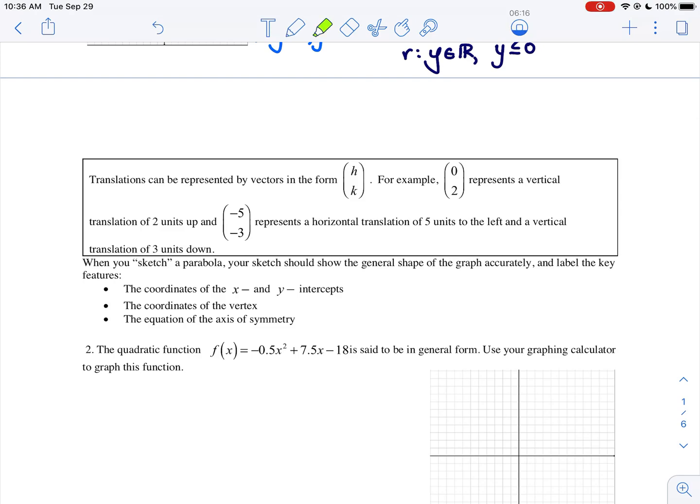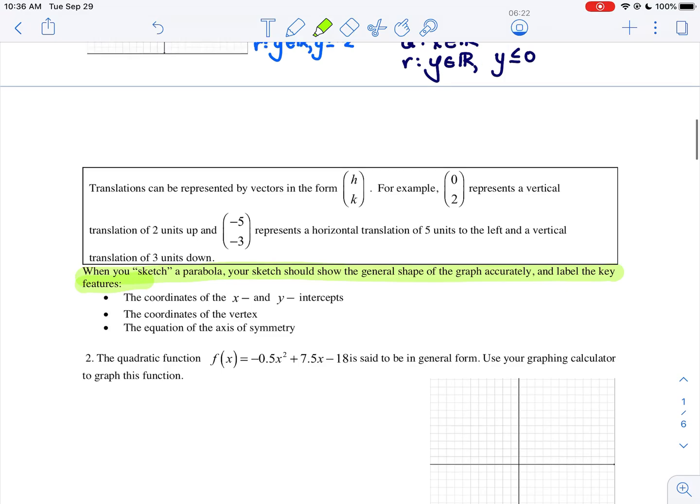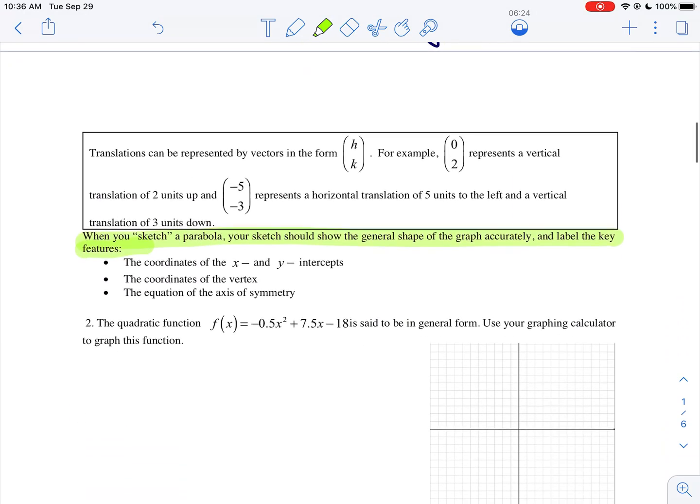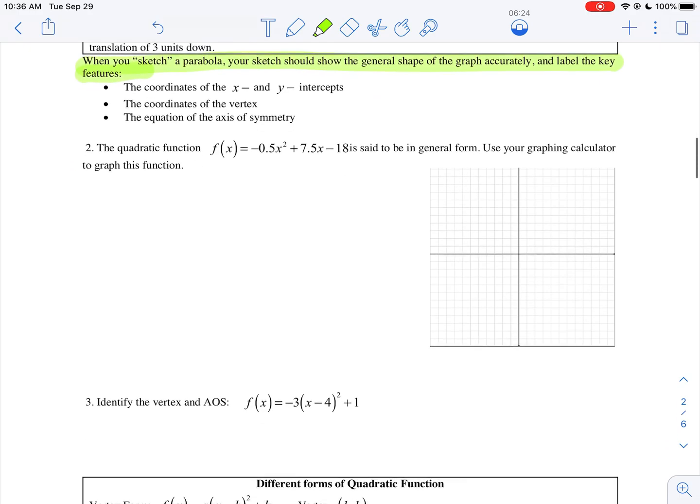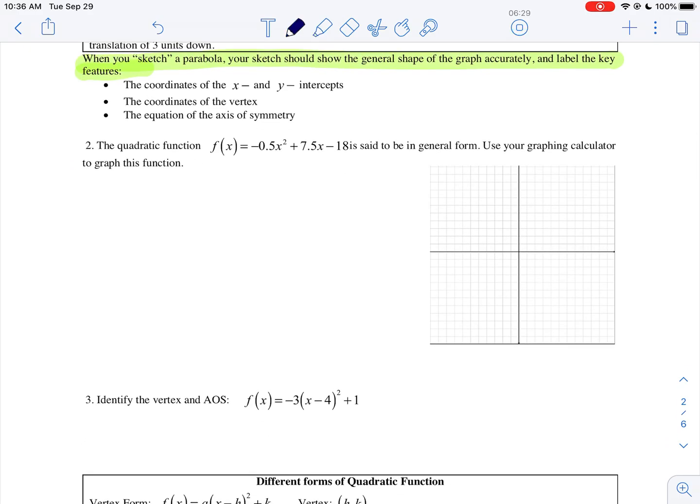When you sketch a parabola, you should include key features, and I actually didn't do my intercepts on the one, so we'll try and grab that here on this one. All right, so here we go. If I want to graph this, and this is standard form, remember you can find the vertex by using x equals -b over 2a, where you have ax squared plus bx plus c.